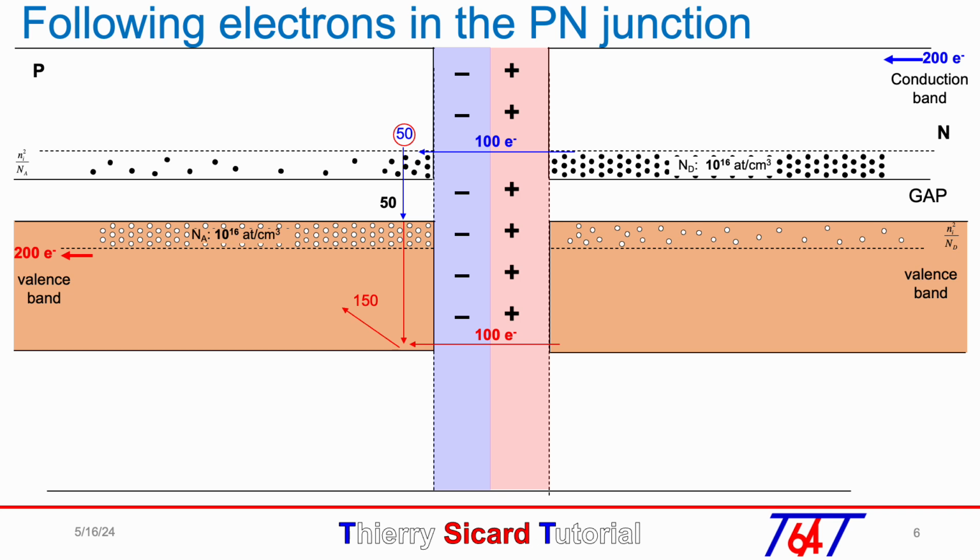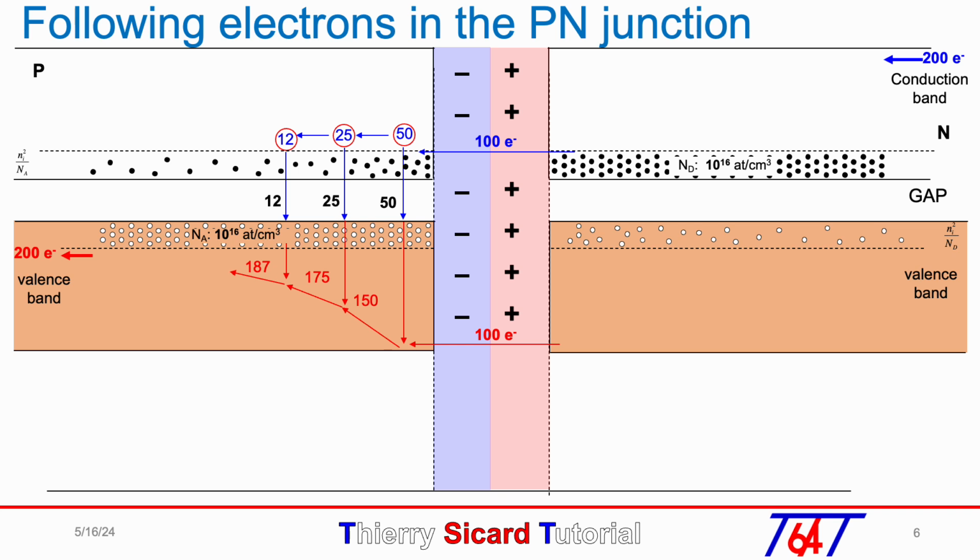Following the minority carrier diffusion of the 50 electrons, 25 will continue to diffuse in the p area, but 25 others will use the low energy position to increase the moving electrons in the valence band to 175. Then, same thing, half of the 25 will stay in the conduction band and the other half will increase the number of electrons moving in the valence band to 187.